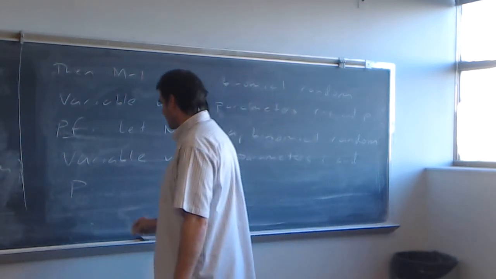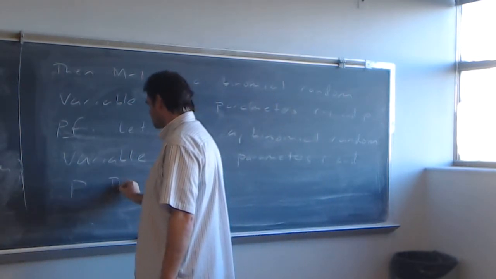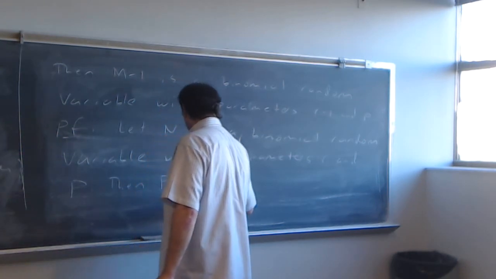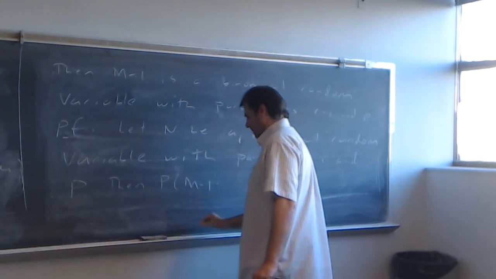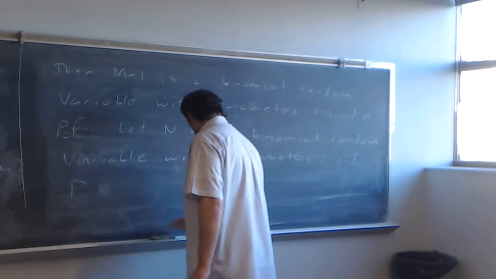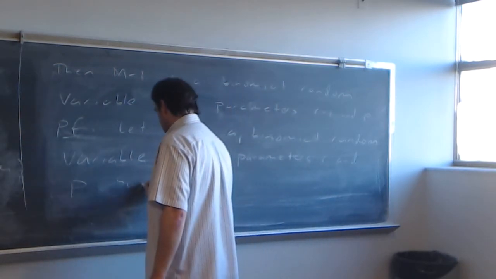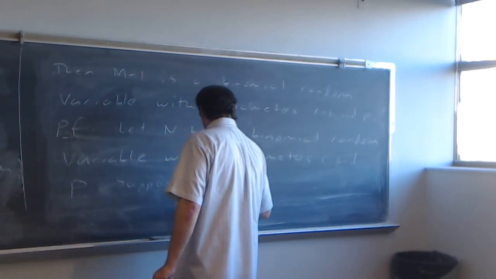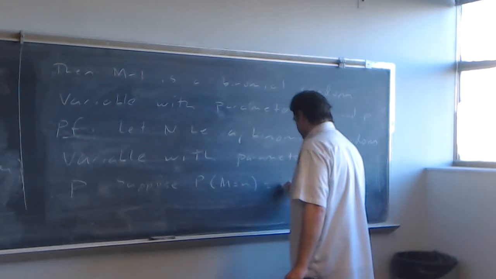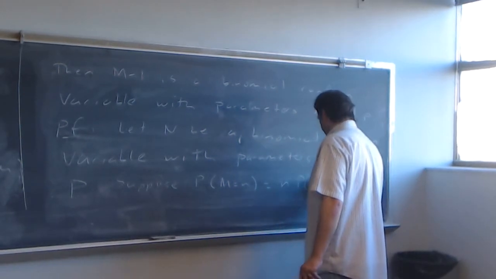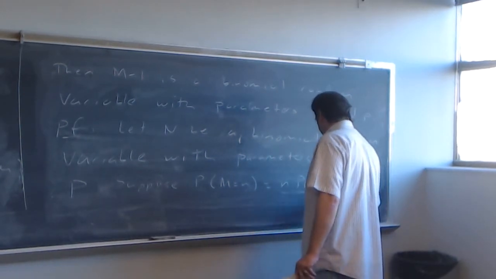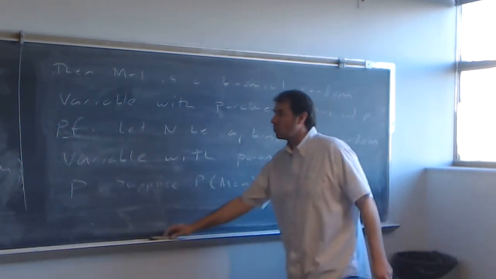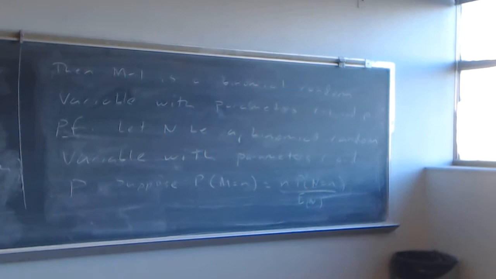All right. Then, let's also assume, suppose the probability that m equals n is equal to n times the probability that n equals n over the expected value of n.